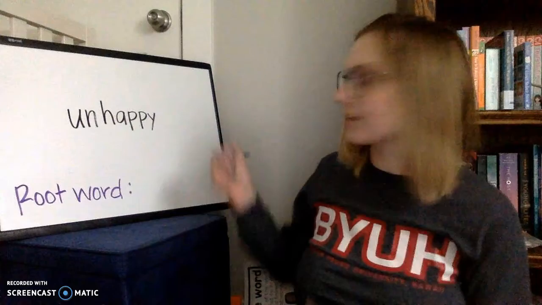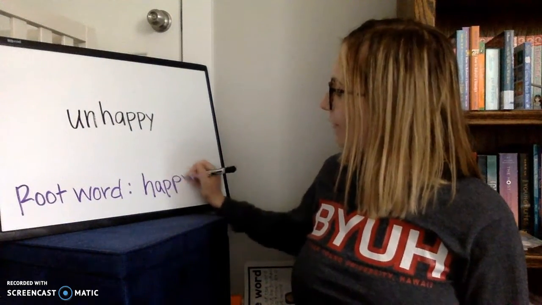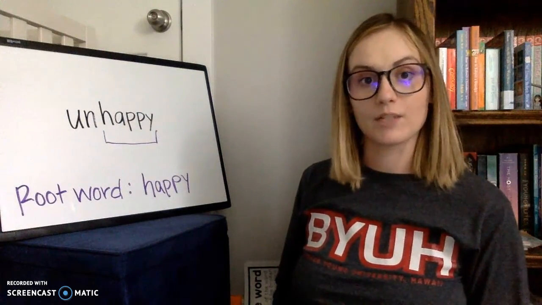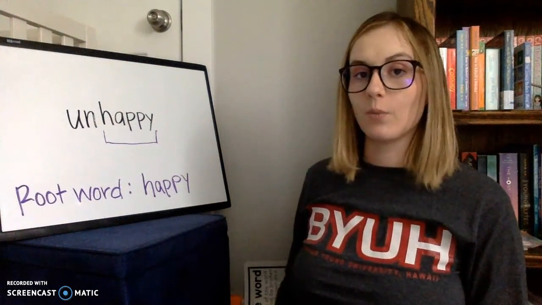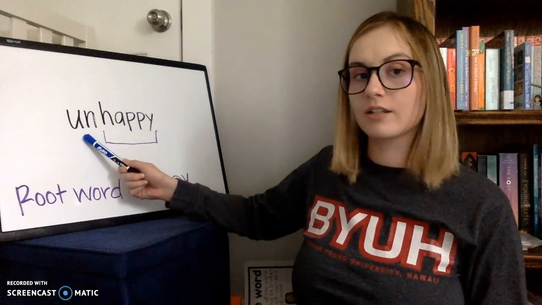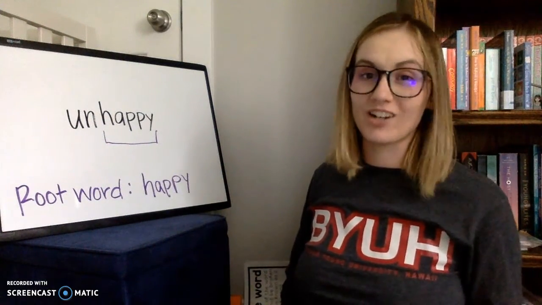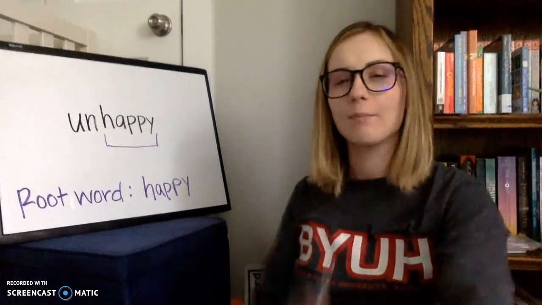So my root word is happy. Now that I have my root word, I can isolate it to figure out the meaning of this word. What does unhappy mean? Well, un means not, so this word means not happy. If you are unhappy, you are not happy, right? Great job.